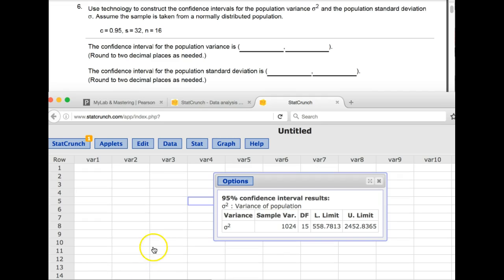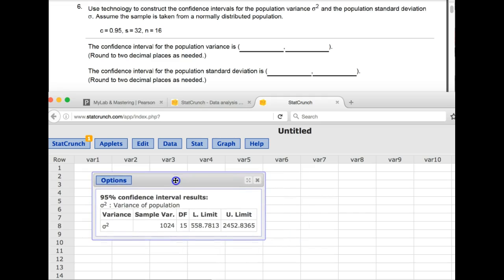Now, if we want to find out what our confidence interval is going to be for our standard deviation, not our population variance, we just need to take the square root of these numbers here.